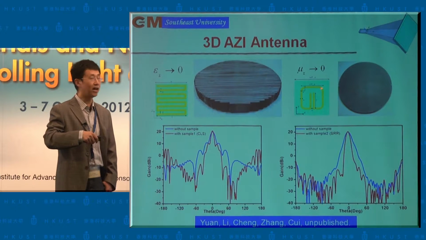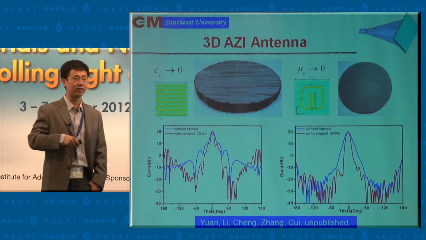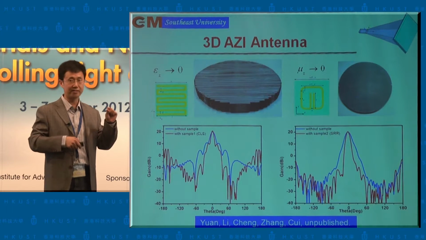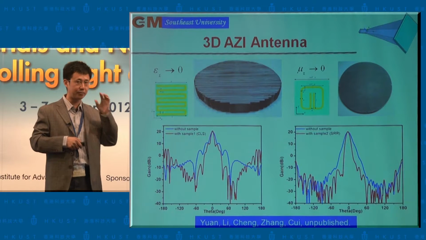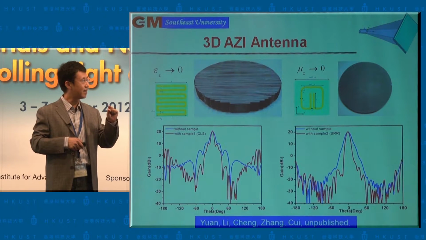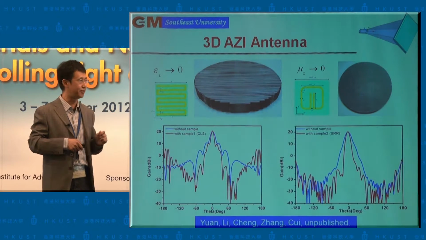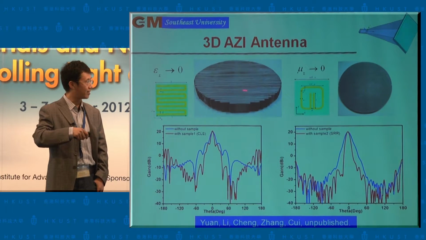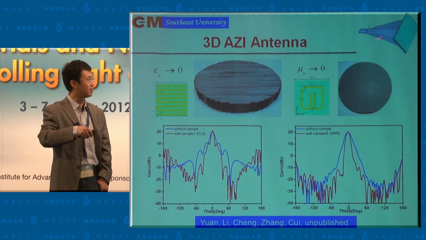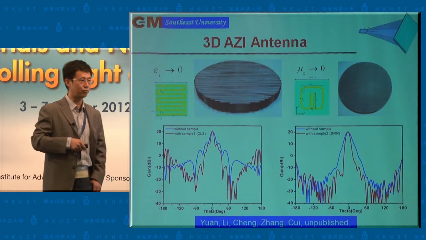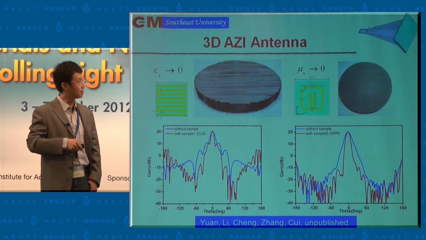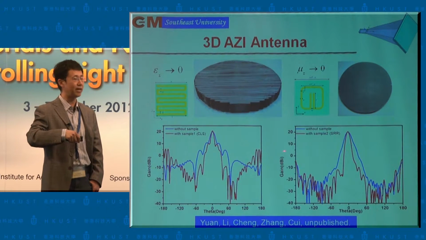For such two kinds of metamaterial plate, when we put the plate on a conventional antenna, we expect that such an isotropic zero-index metamaterial plate can improve the gain of the original antenna. So this is an experiment where we put the two plates on a traditional rectangular horn antenna. These are measurement results.